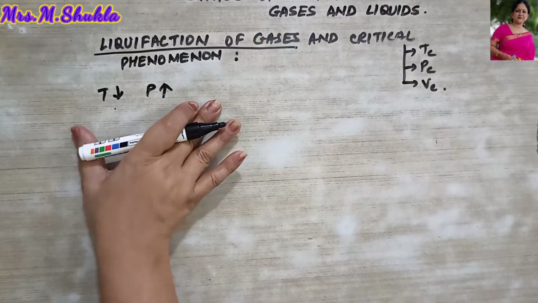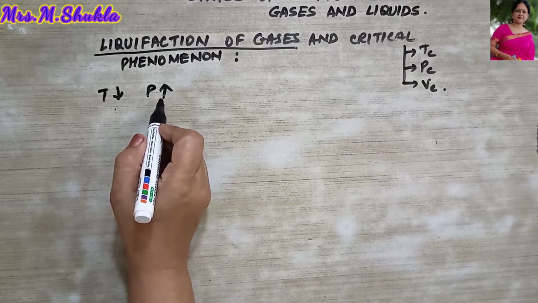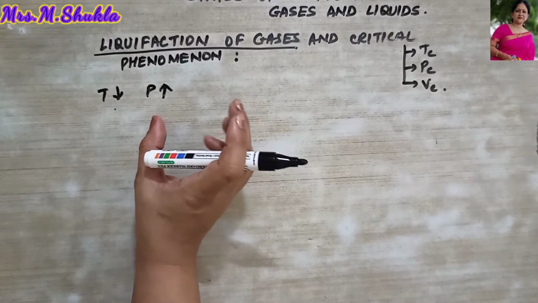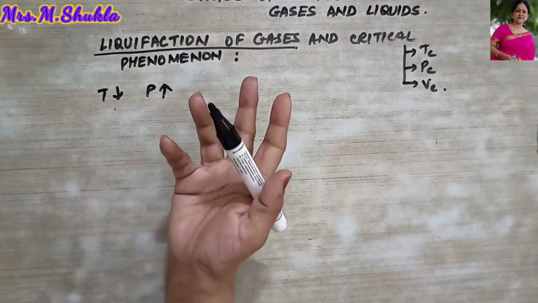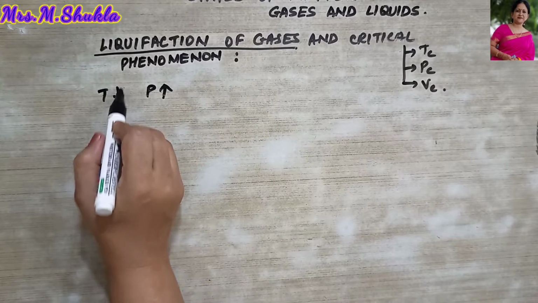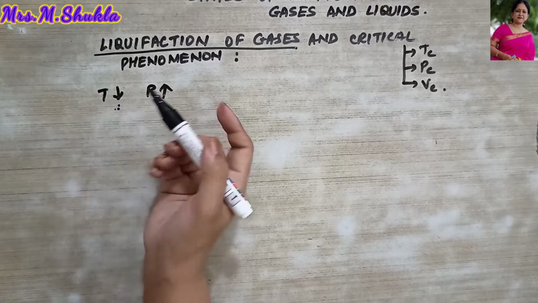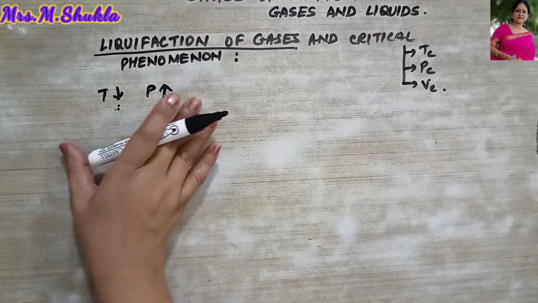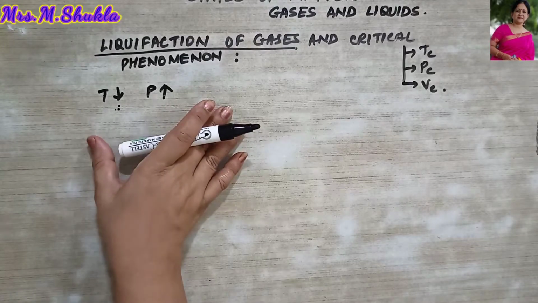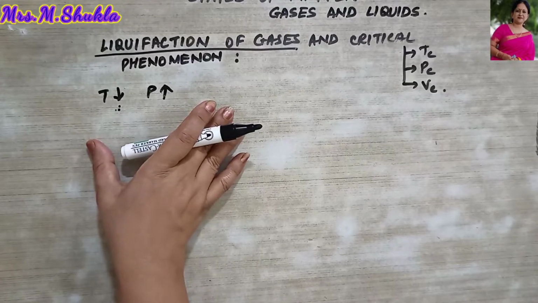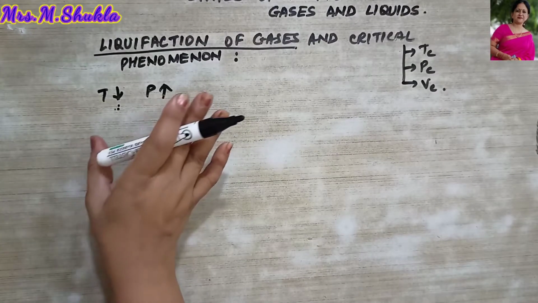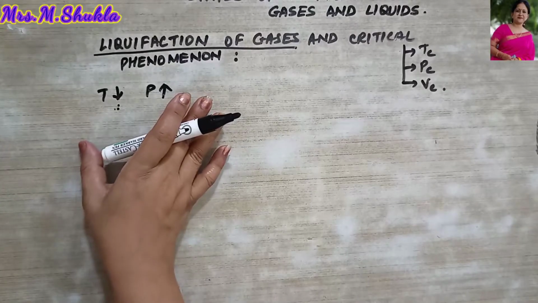So coming back, when pressure is increased, what happens? The molecules start coming closer and closer and form the liquid state. When the temperature is lowered, they lose kinetic energy and therefore there is a decrease in the velocity of the molecules, and hence they come closer and a liquid forms.